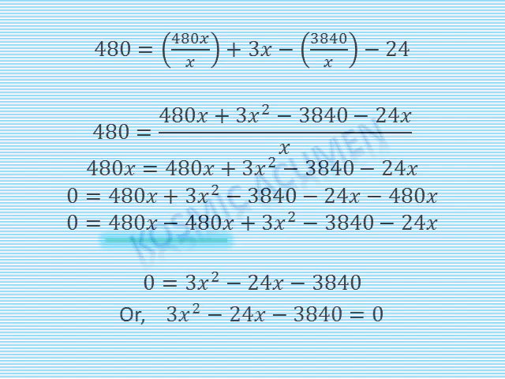Further rearranging, we get 3x square minus 24x minus 3840 is equal to 0. We can take 3 common here. Further the equation that we are left with is x square minus 8x minus 1280 is equal to 0, which is the required quadratic equation.